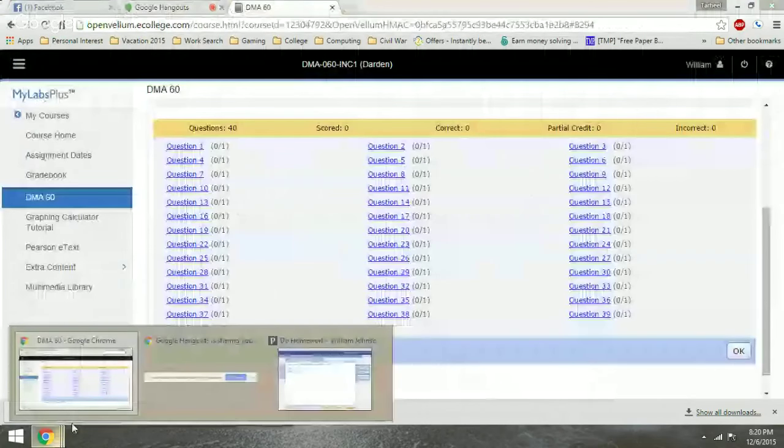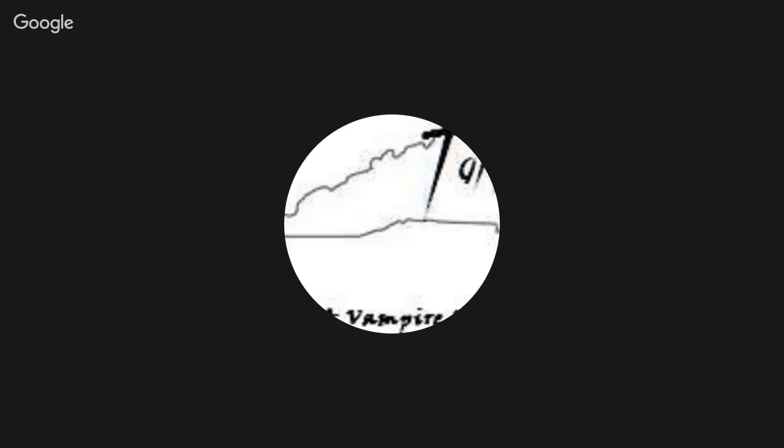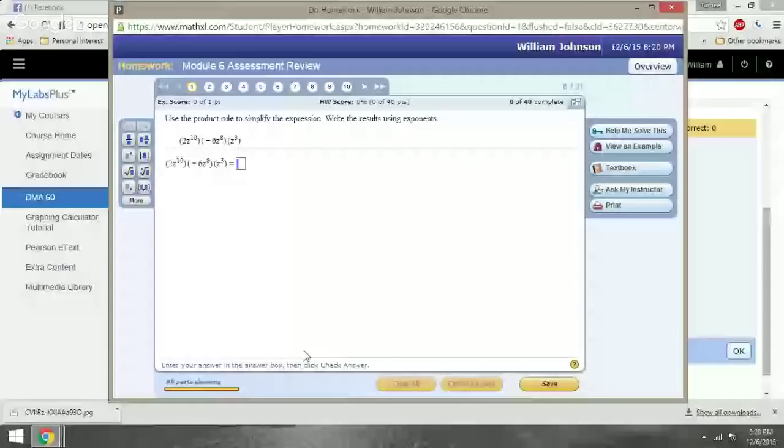Right, so that's 2z to the 10, minus 6z to the 8th, and the last one was z cubed, right?